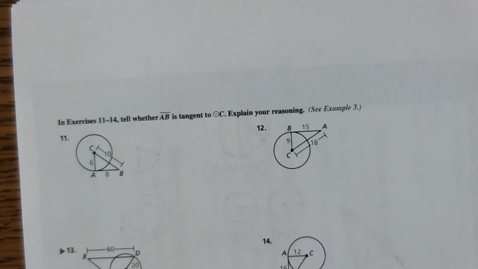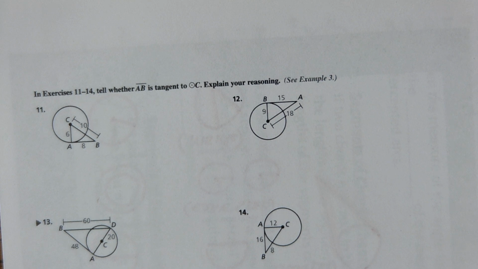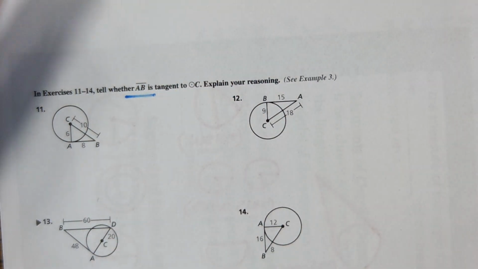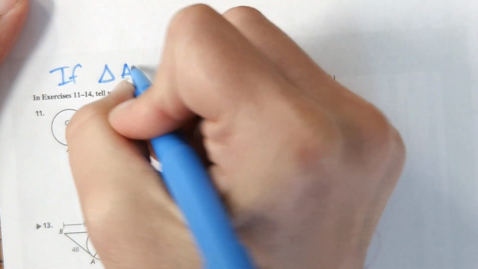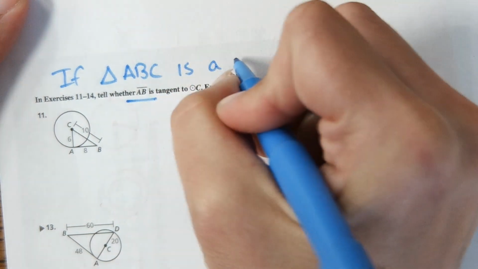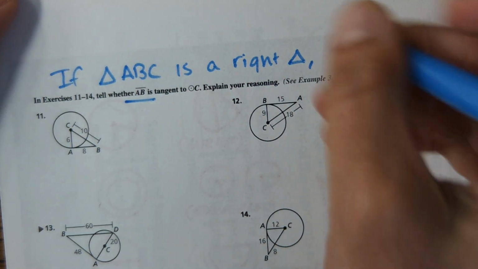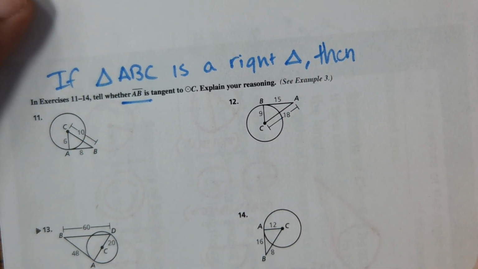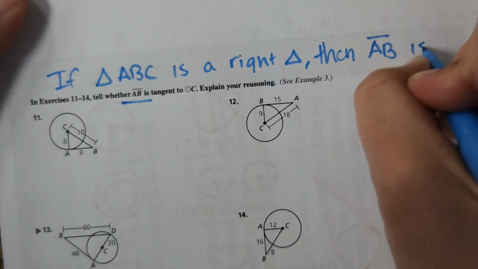Okay, then right here, let's start here. It says, tell whether segment AB is tangent to circle C. So in this example, if triangle ABC is a right triangle, then segment AB is tangent.